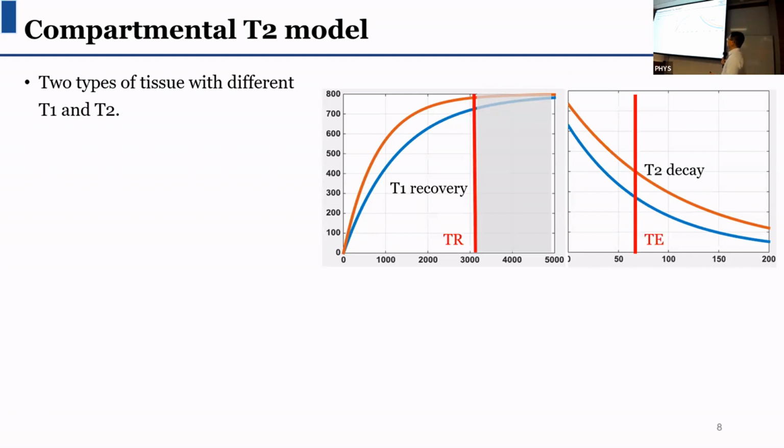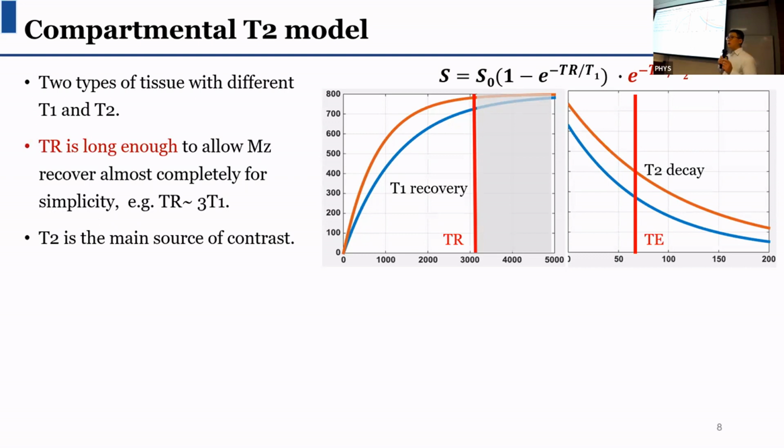But if you set your TR time to like 3000, for most tissues the T1 recovery has already reached around 90%, which is almost equal to 1. Then the entire signal will be determined by TE only. With a short TE, the contrast will be somewhere here. But if you choose your TE here, then the contrast will be determined by this gap.